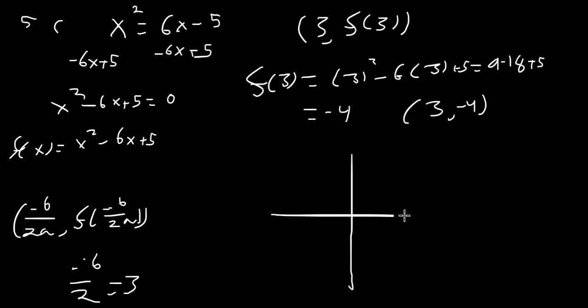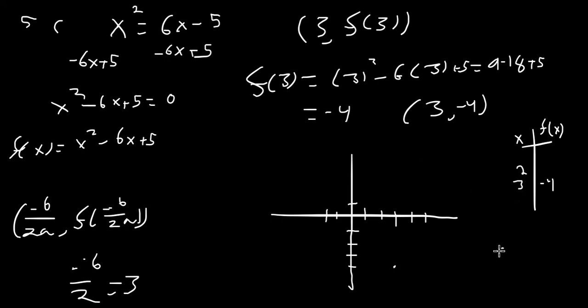So let's make a graph. So 3, negative 4 is right here. Let's make a table centered at that point. We have 3, and this is negative 4. So let's go to 2.